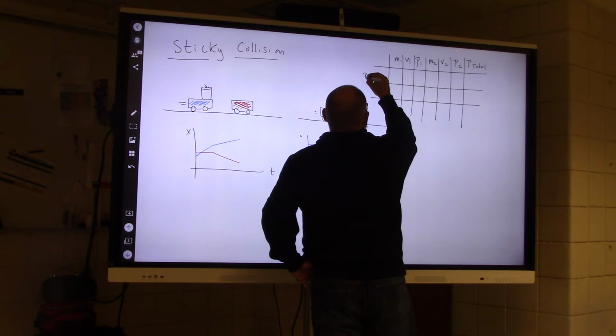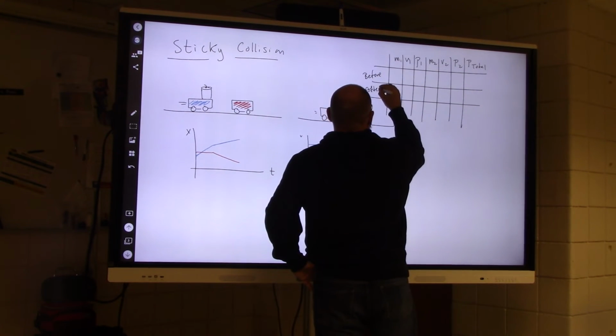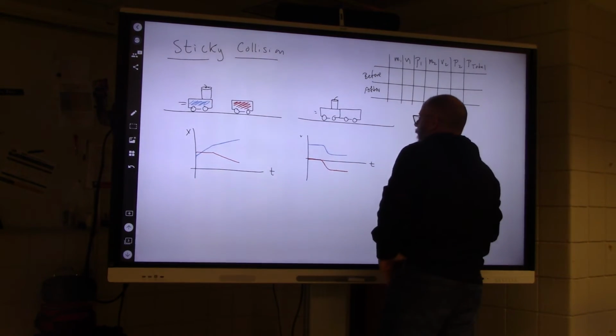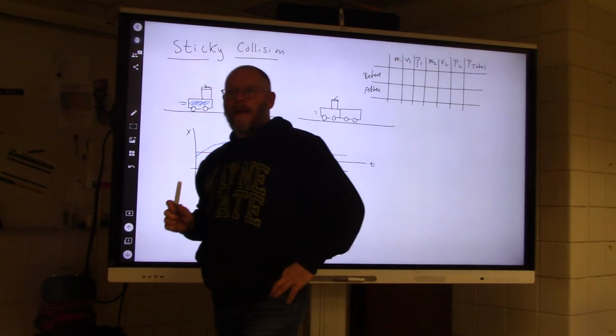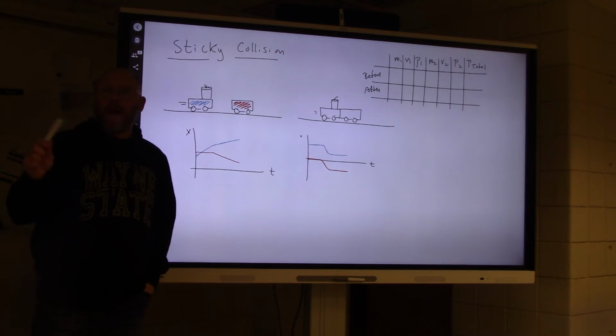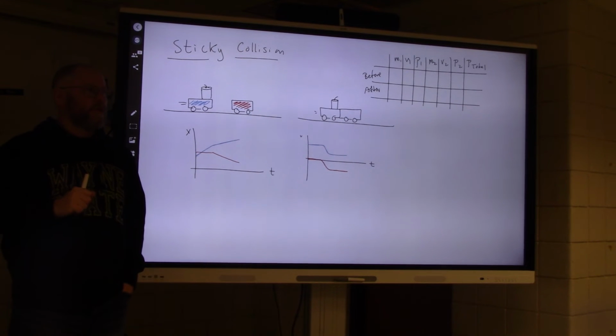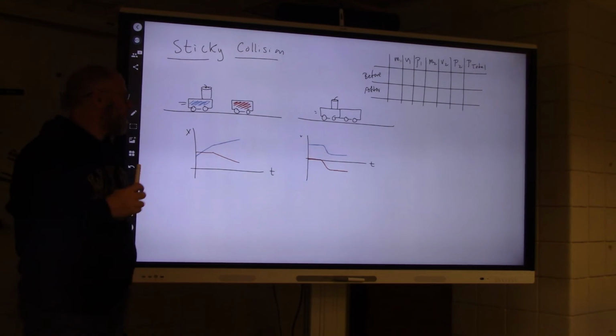This is before, after. When you go to analyze this, you're going to need to remass your cars because I took the brackets and hoops off, so their masses are going to be different. So make sure you check their masses.